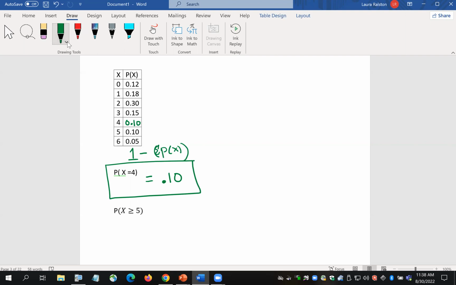All right. What if they ask you, what's the probability that a new hire is going to stay greater than or equal to 5? So they're going to stay 5 or more years. Okay, please make sure you interpret this appropriately. This is greater than or equal. So in this scenario, how long could they stay?